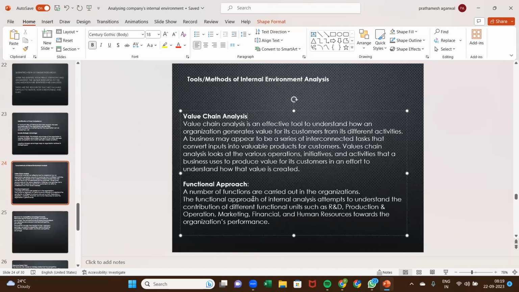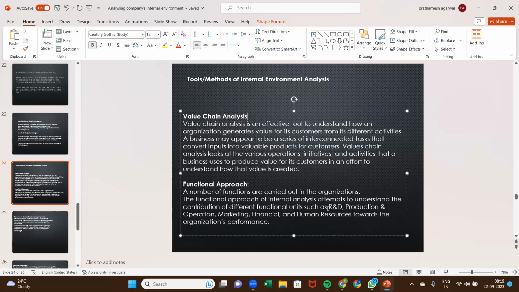Then we have the functional approach. A number of functions are carried out in the organization. The functional approach of internal analysis attempts to understand the contribution of different functional units such as R&D, research and development. Every now and then research is carried out because we need to give value to the product.